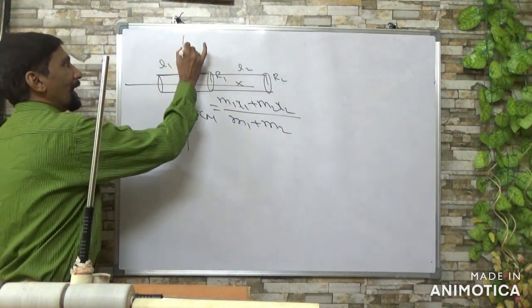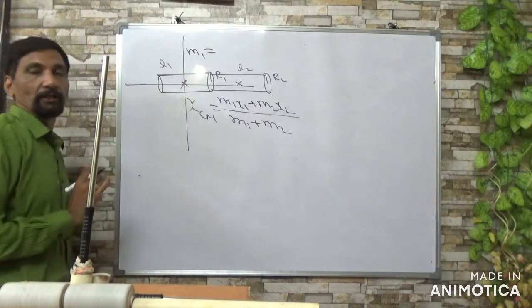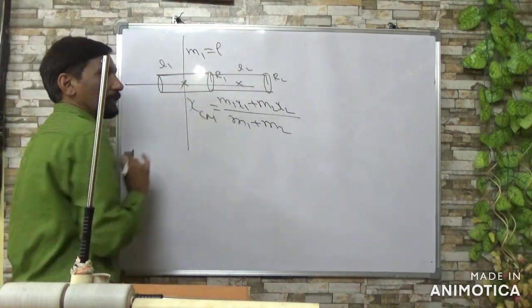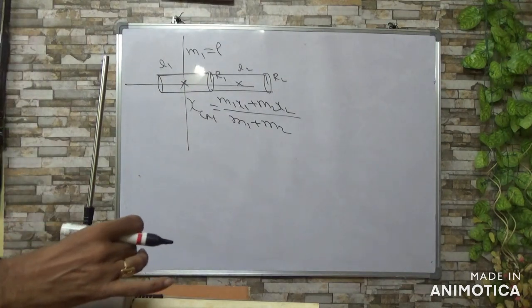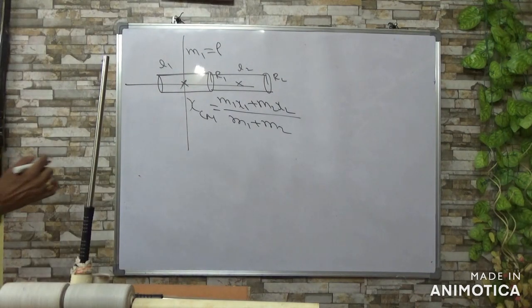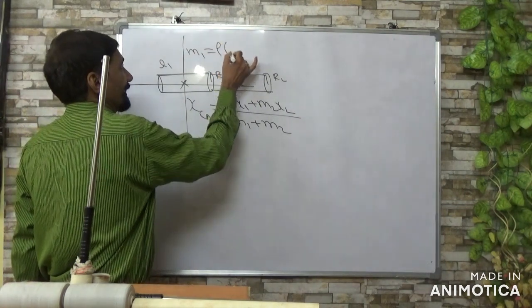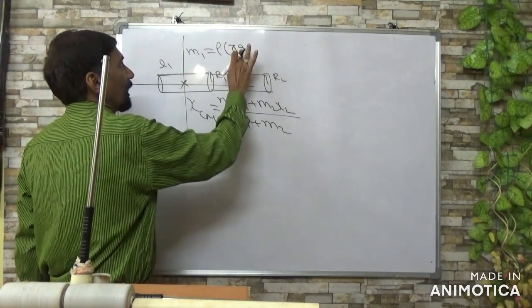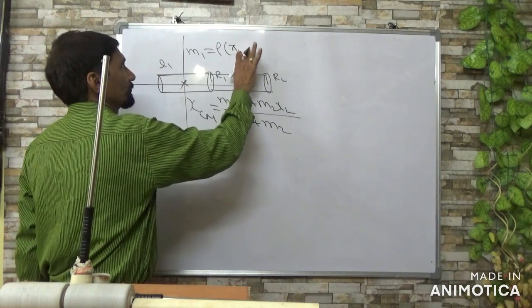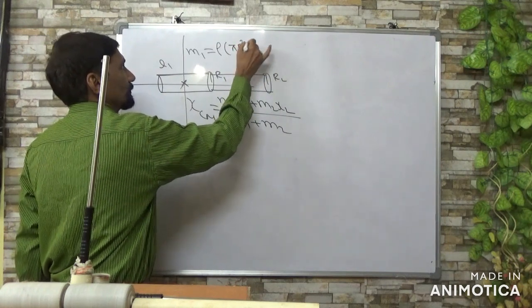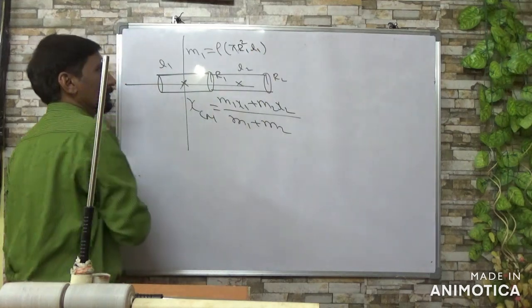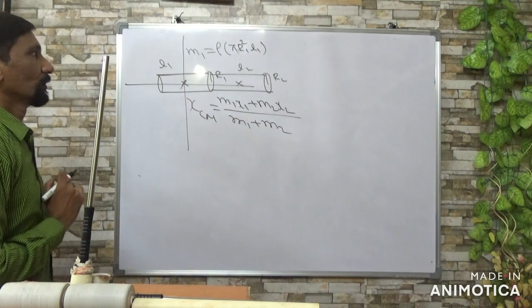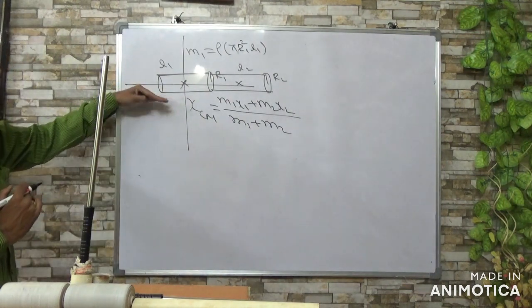Mass of the first body: mass is equal to density into volume. So density into the volume of this cylindrical part. Volume of a cylinder is pi r square L. So pi r1 square into L1, this is the volume of the first one.